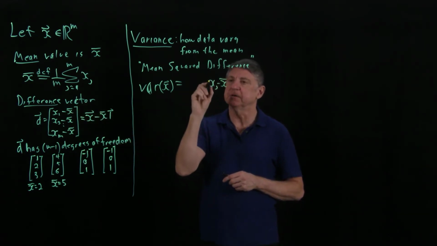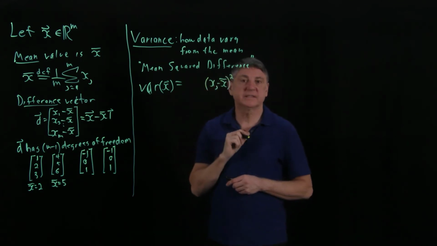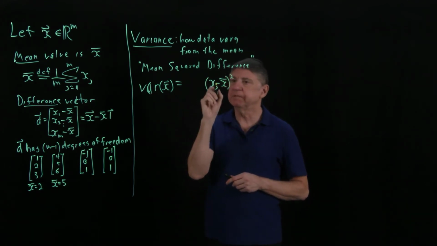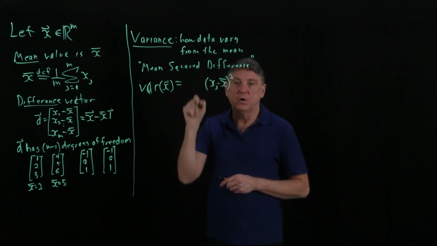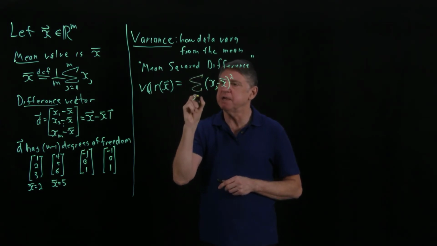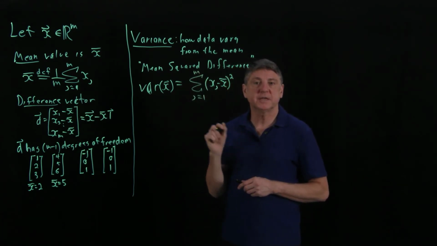And then what's the squared difference? Well, it's that. And then what's the mean? Well, we have to sum this squared difference for all of the data. So we have to take the sum as j goes from 1 to the number of entries in the data vector.